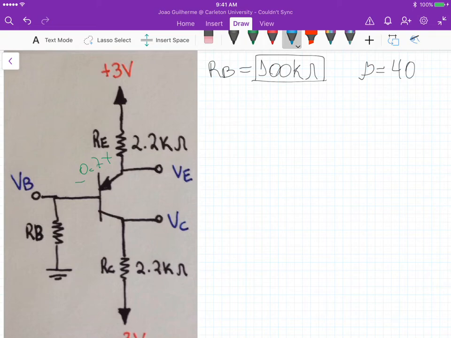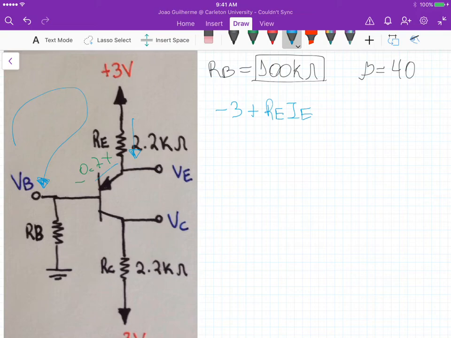We again can apply a loop analysis in this closed loop here, which gives us minus 3 plus RE times IE here.